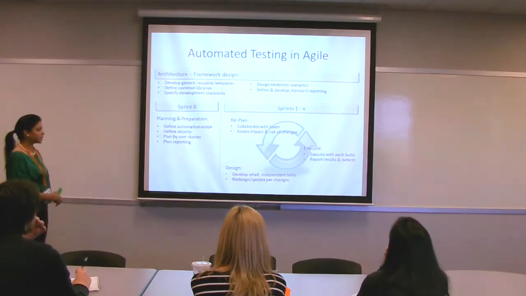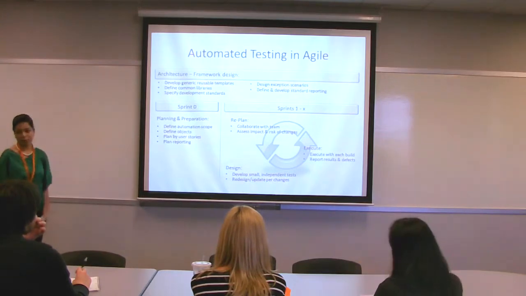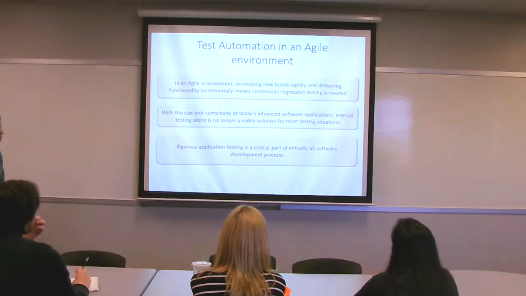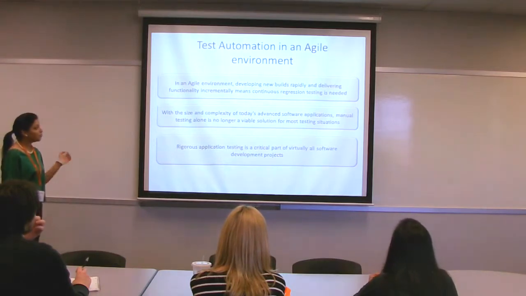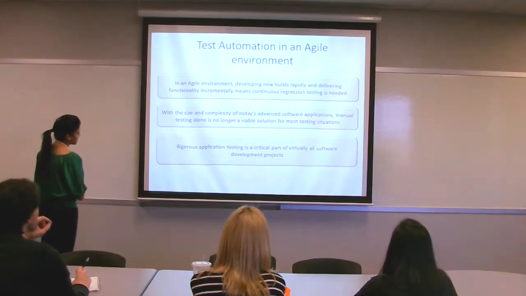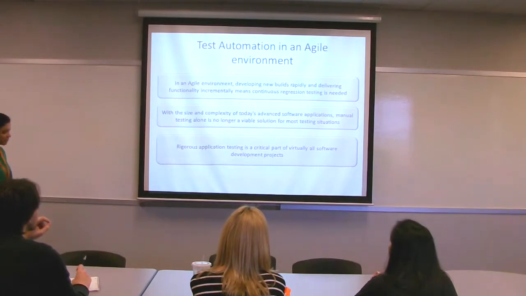Automated testing, again, I've done the same thing. What are automated testing tasks in Sprint 0? What needs to be done before and what needs to be done after? Test automation in Agile. We develop new builds rapidly, and delivering functionality incrementally means continuous regression is needed. We've touched on it multiple times, same thing.